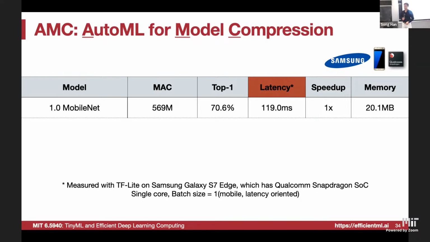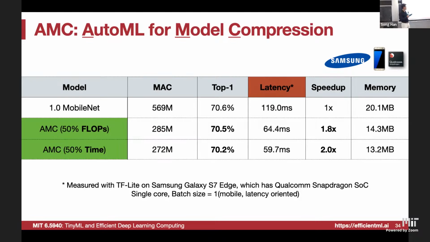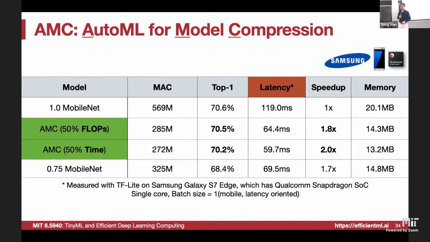Okay. And when we use AMC to prune it by 50% of the FLOPs, the speedup is less than 2x. We can also use latency as the target, so we get exactly 2x speedup, and the accuracy is about 70.2.